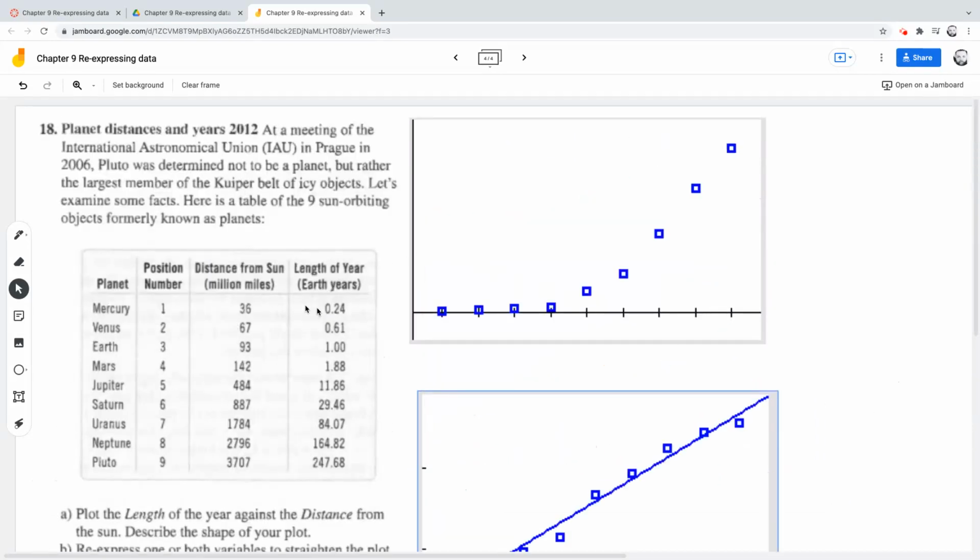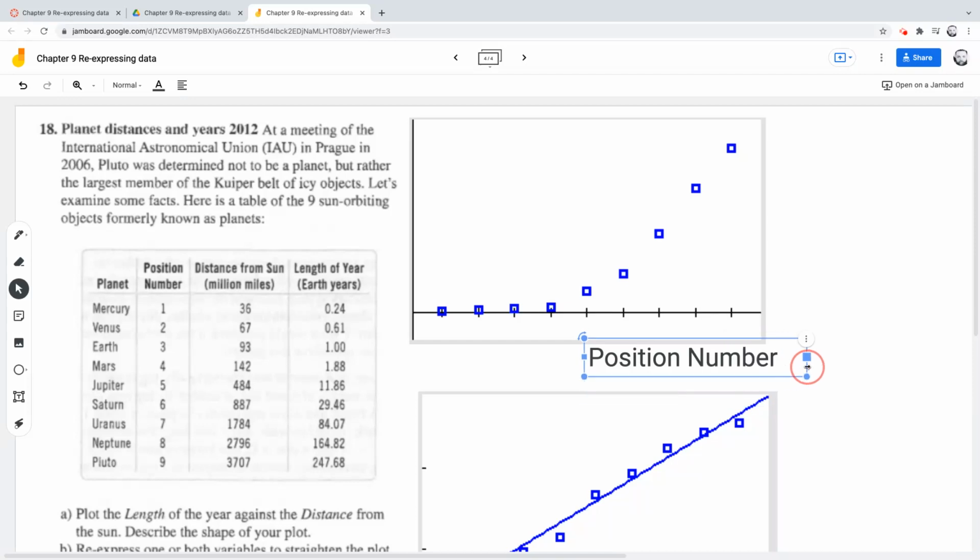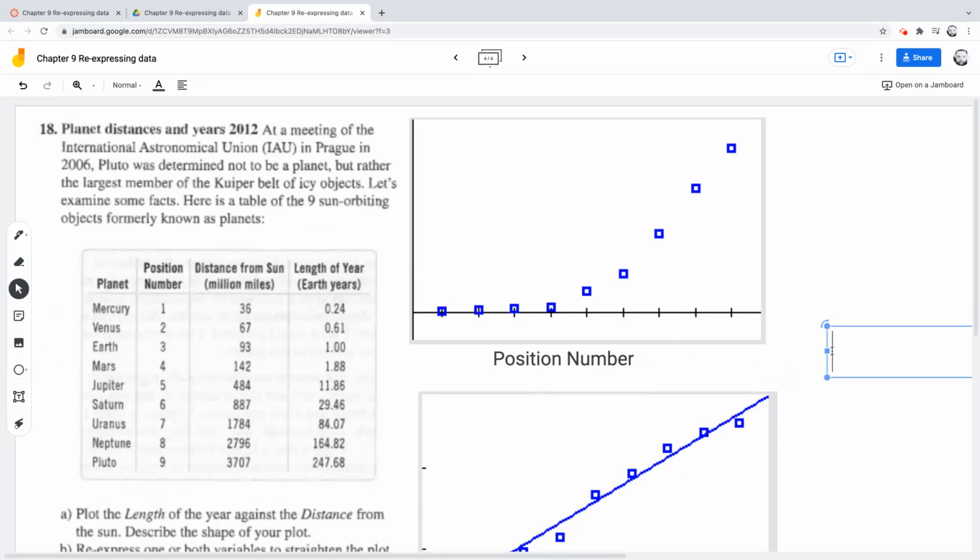And I'm going to label this. So this is basically the position number versus distance.